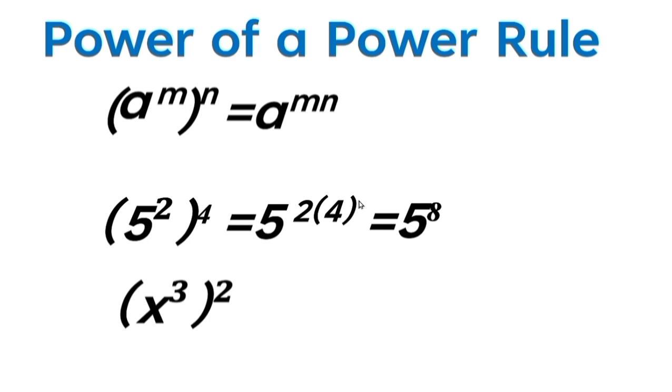Another is x cubed raised to the power 2 is equal to x to the power 3 times 2, and this is equal to x to the power 6. This is the power of a power rule.